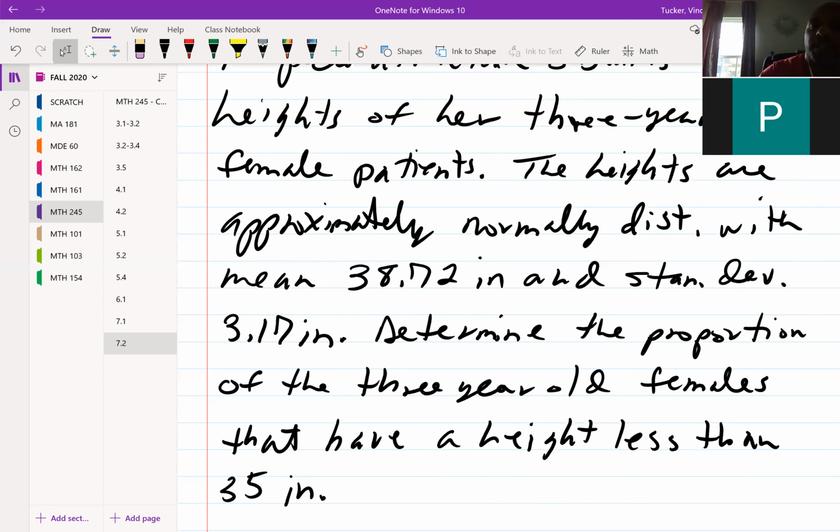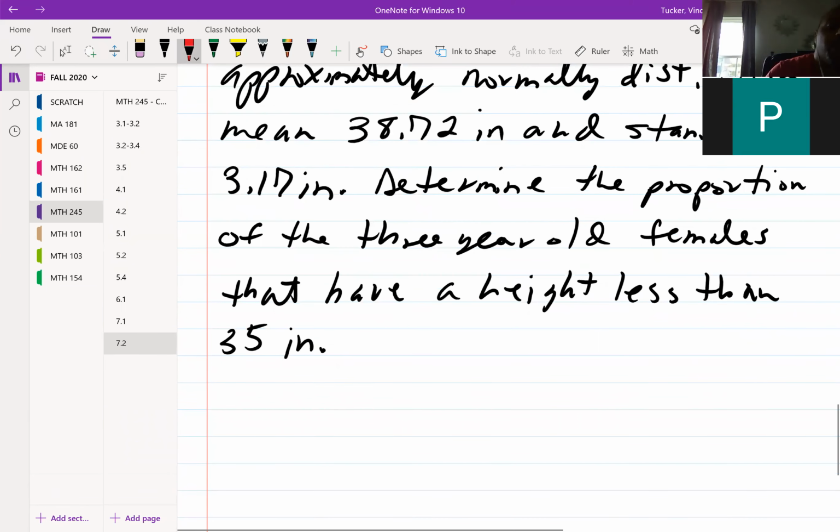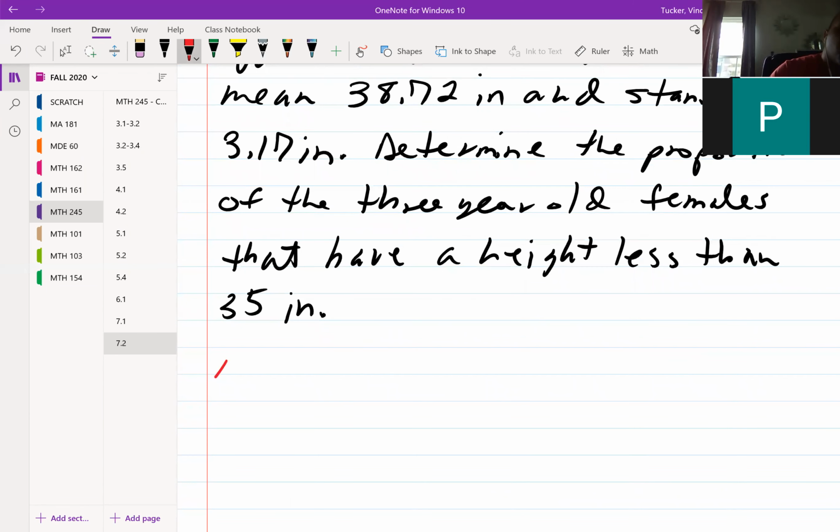All right, so we write down our givens first. We know our mean, 38.72, standard deviation, 3.17. And then the data value that's in question. We want to know the proportion of females that are less than 35.